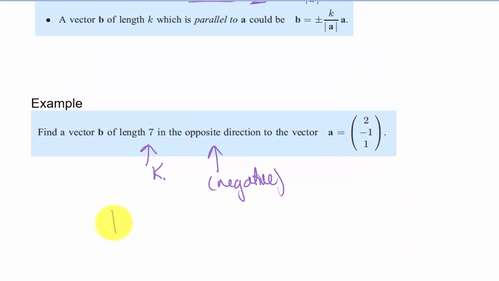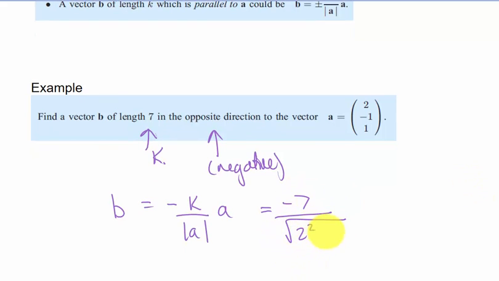So if we use our formula, we say b is equal to negative k over the absolute value of a, or magnitude a, times a. So we simplify, -7 over, we have to find the magnitude, so 2 squared plus -1 squared plus 1 squared. And then we're going to multiply it by the vector, 2, -1, 1.